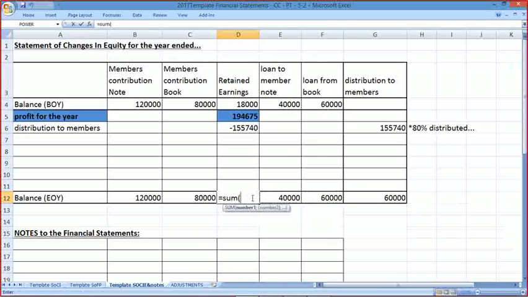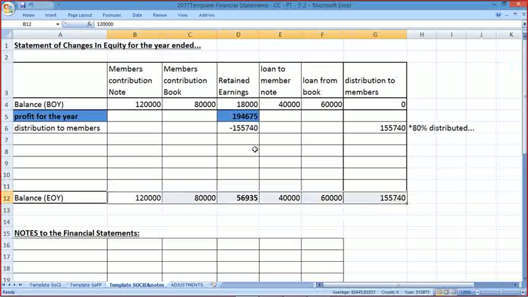Right, sum this up, add and subtract. Retained earnings gives me a figure of 56,935. Okay, no distribution at the beginning of the year, distribution during the year, total there would be 155,740. Okay, now we need to disclose this.